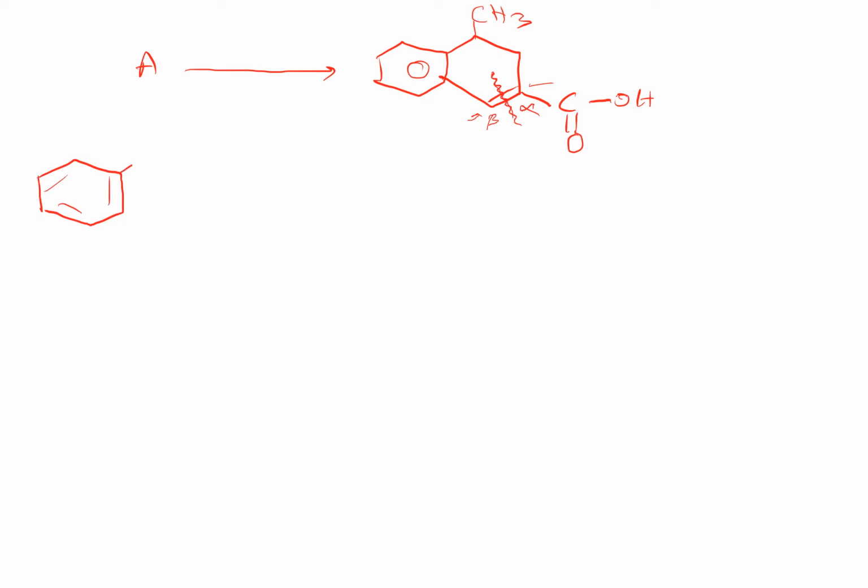Vinyl group, here CH3. This will be CH2, COOH. This side C double bond O, benzaldehyde, no? Like aromatic aldehyde. But this is obtained after the dehydration, hydrolysis.